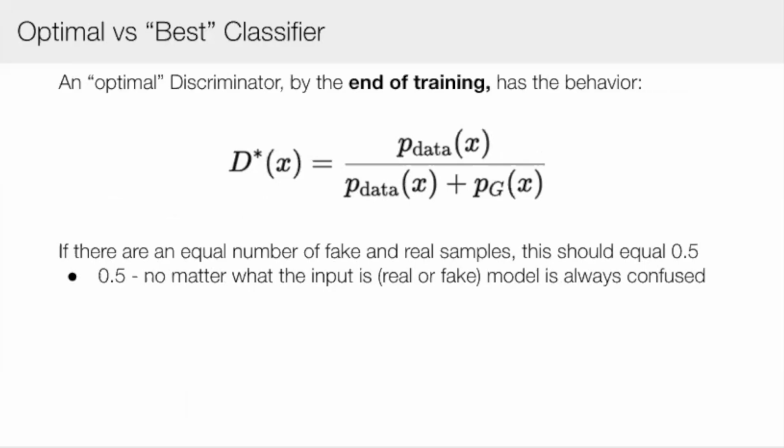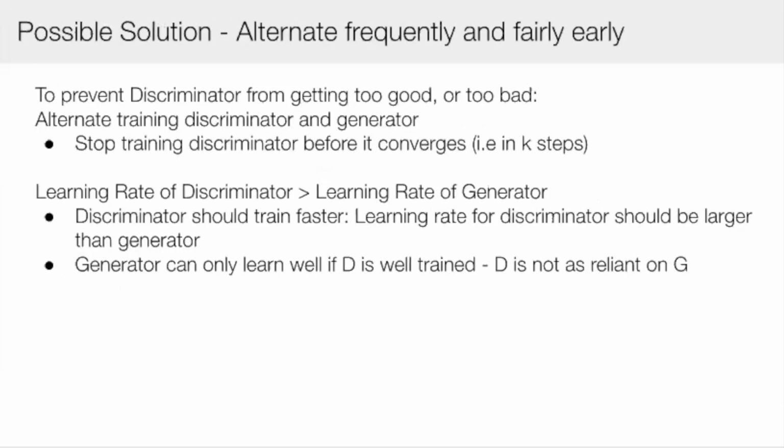That means we never have those zeroed out gradients. So you guys understand the difference between a best, as in 100% accuracy classifier, versus the optimal classifier that's best for training our GANs. All right, perfect.